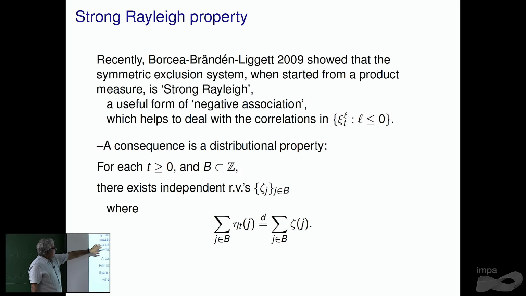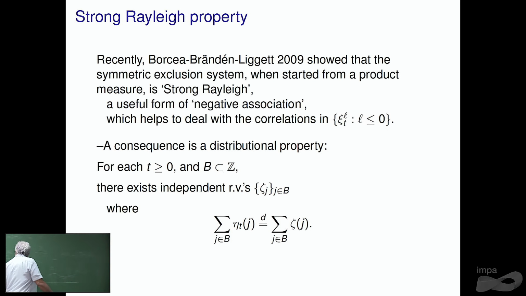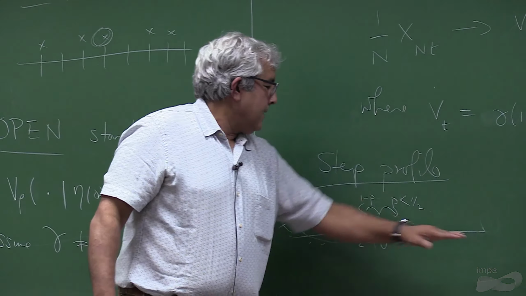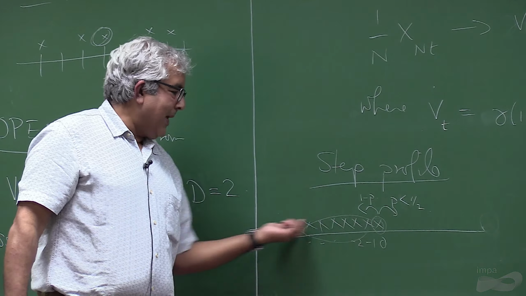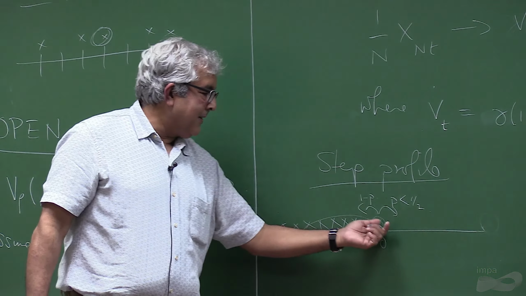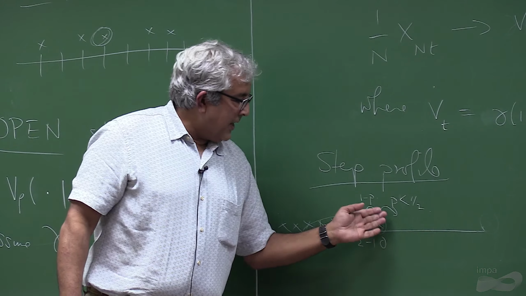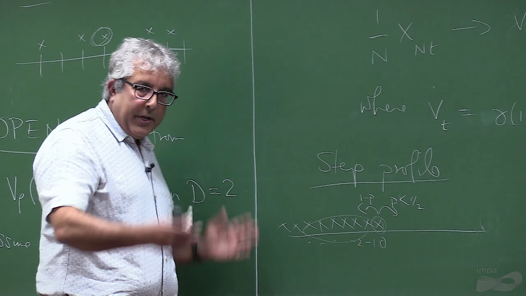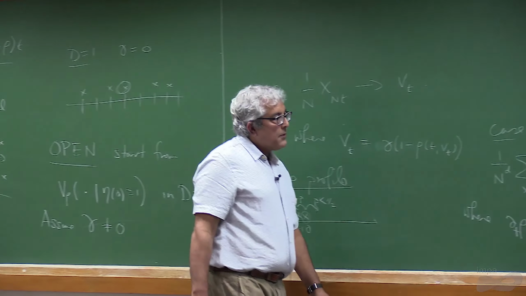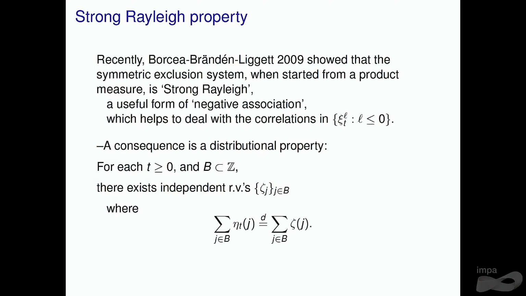A consequence of this property is that if you start from a product measure, so it's just delta point masses to the left, and then delta on no particles to the right, a product of those.